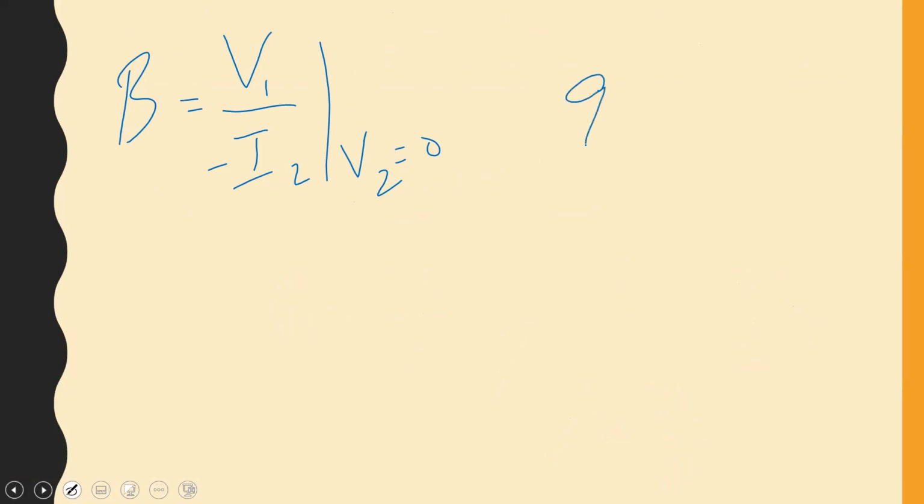So we have the 9 and the 15 in parallel. So that is 135 over 24. And then we're going to divide V1 between 6 and 135 over 24, and then multiply that by 15.